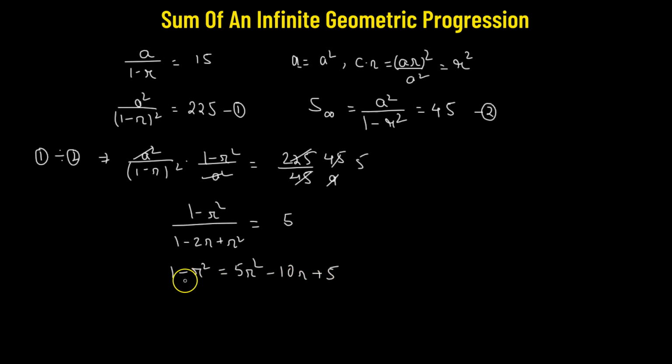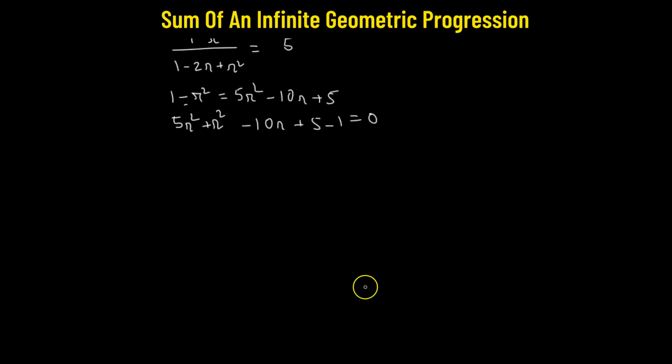So we will transpose 1 minus r squared to the right hand side and rewrite the equation as 5r squared plus r squared, then negative 10r, plus 5 minus 1 equals 0, which gives us the quadratic equation 6r squared minus 10r plus 4 equals 0. Now dividing each term by 2, we have 3r squared minus 5r plus 2 equals 0.